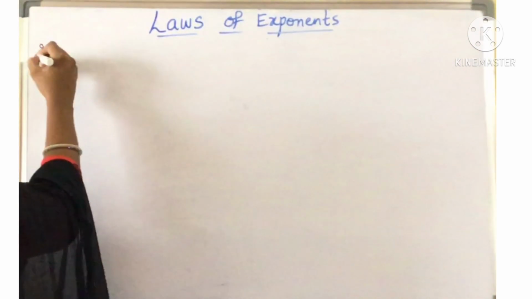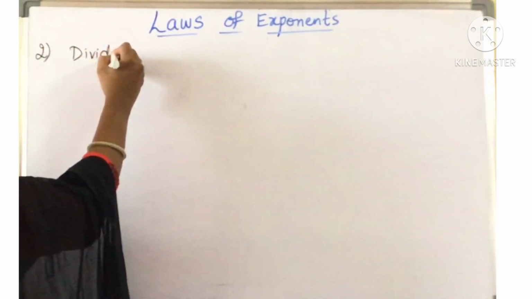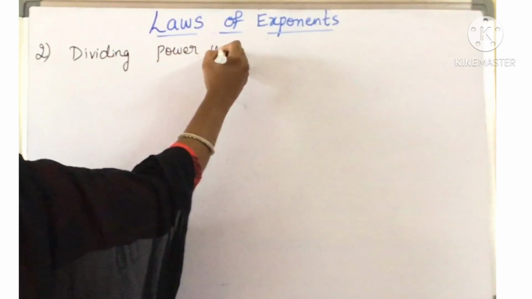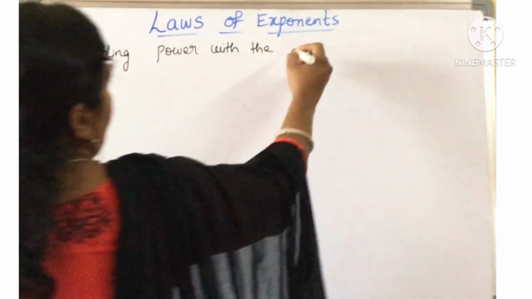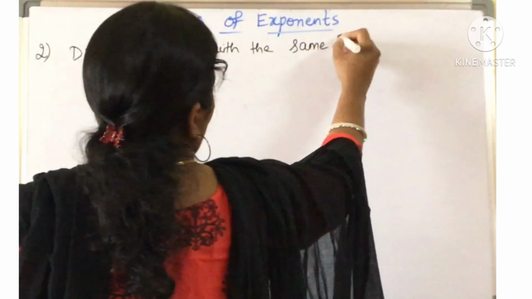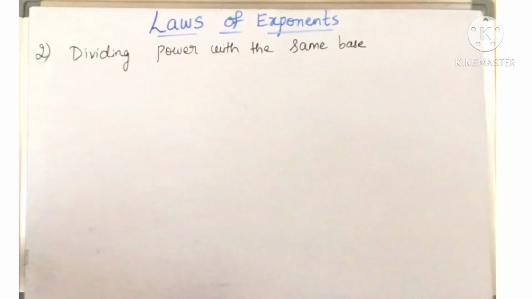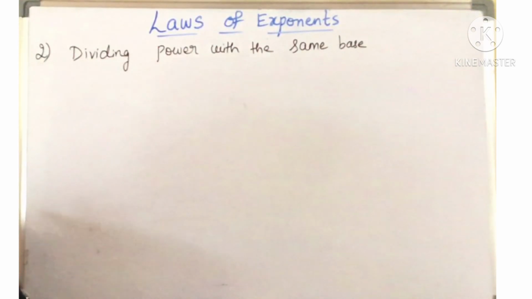Coming to the second law, children: dividing powers with the same base. The first one is multiplying powers with the same base and the second one is dividing powers with the same base.